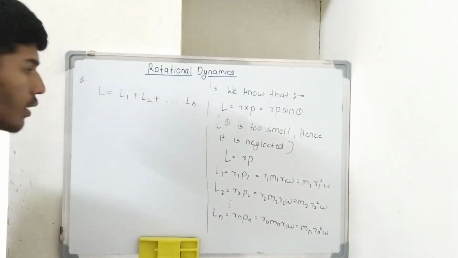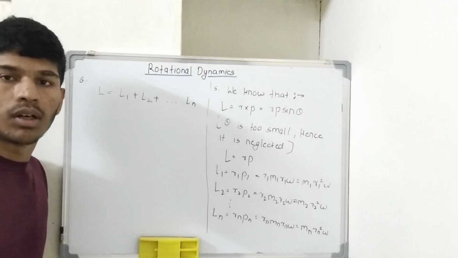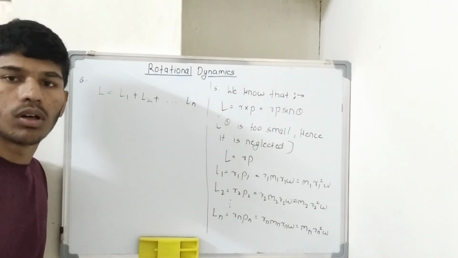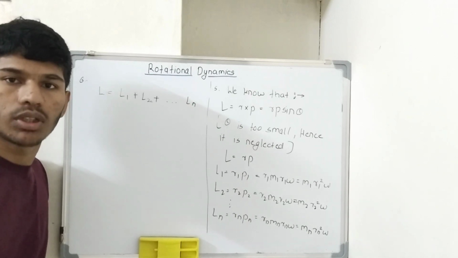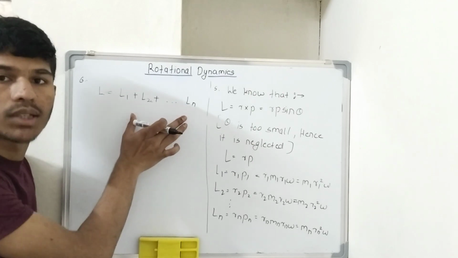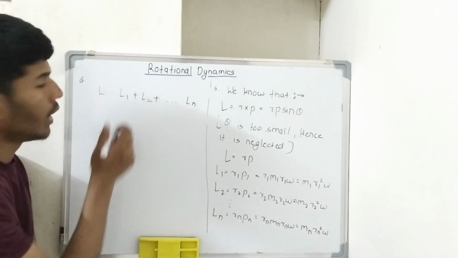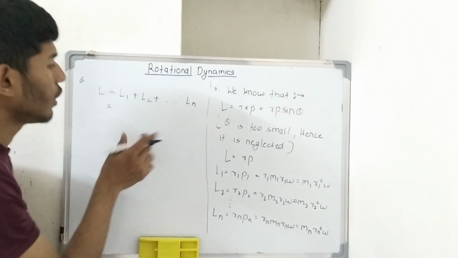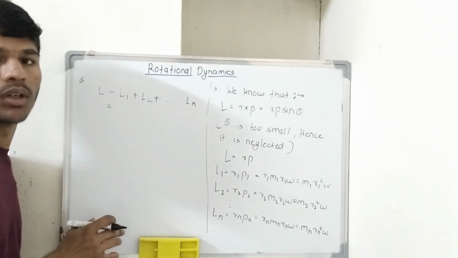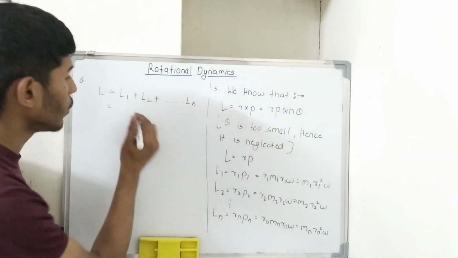Now you will understand, as all the factors are directed towards the axis of rotation, all of them will have the same direction, and that is why all these angular momenta for individual masses can be algebraically added to find the magnitude. We know the value of this angular momentum. We have to just put down this value.